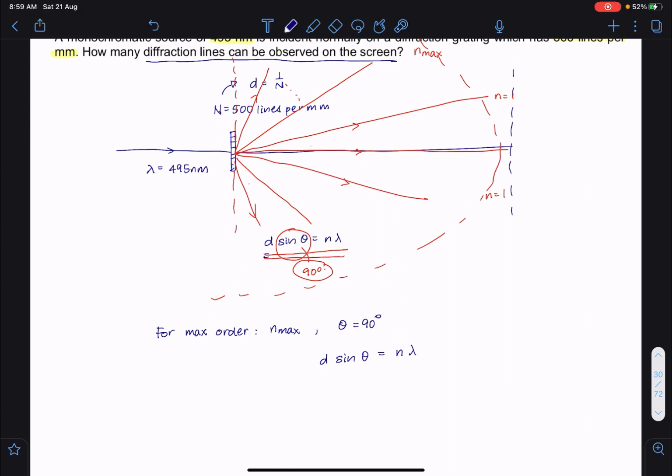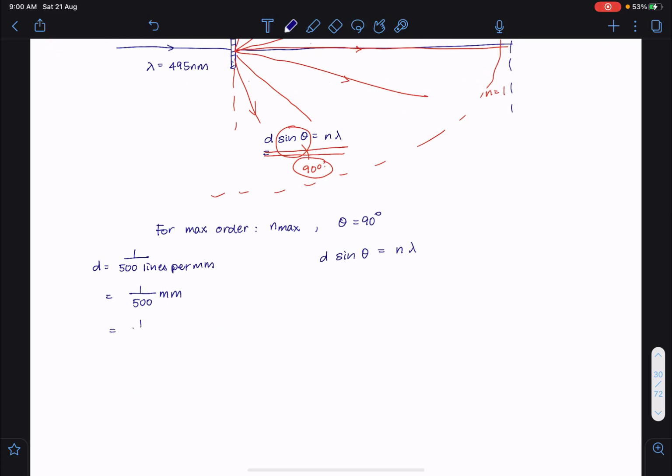So I'm just going to do it at the side. d is 1 over 500 lines per millimeter. So it's 1 over 500 millimeter. And it's 1 over 500 times 10 to the power minus 3 meters.